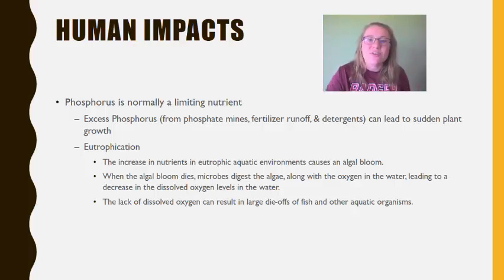So if these bacteria are using all of that dissolved oxygen, that means we're suddenly going to have a significant decrease in the amount of dissolved oxygen in the water. And that's really bad because all of the other organisms that rely on that dissolved oxygen, now they're suffocating. So we'll suddenly see another large die-off in fish and other aquatic organisms.